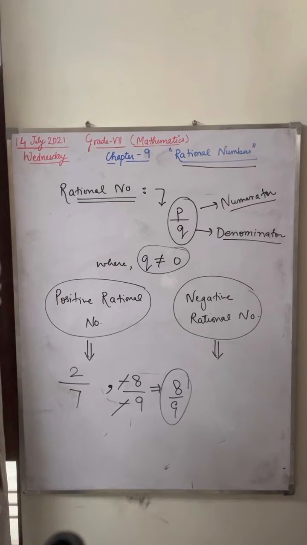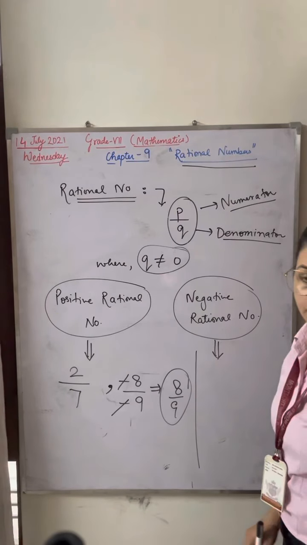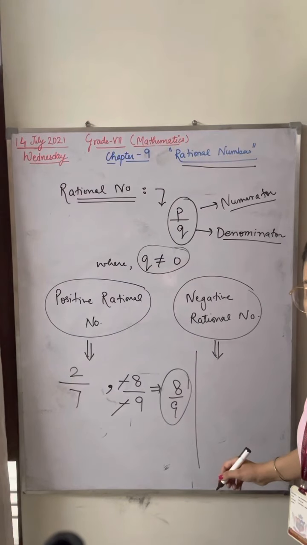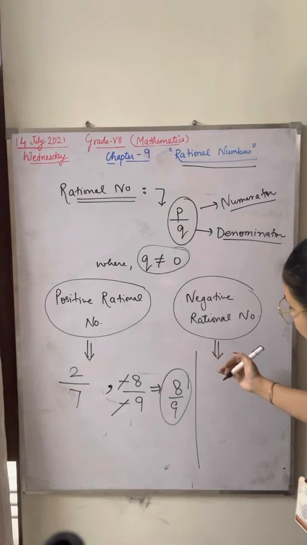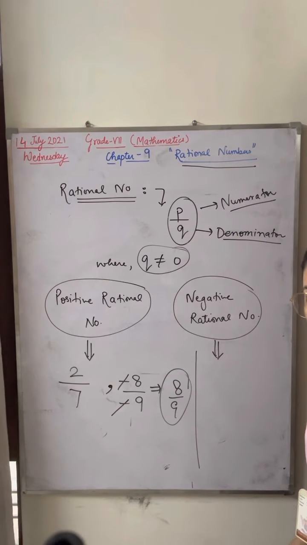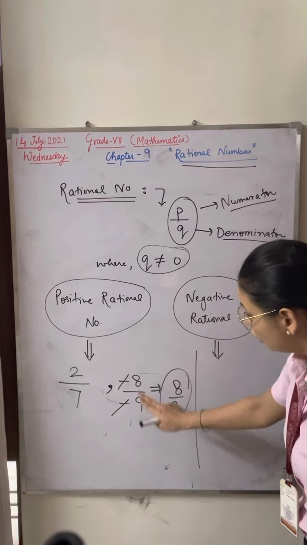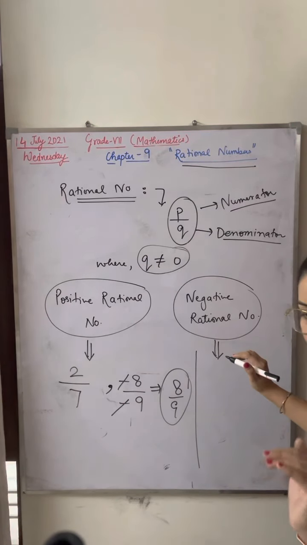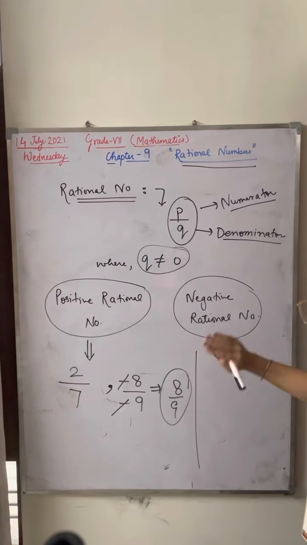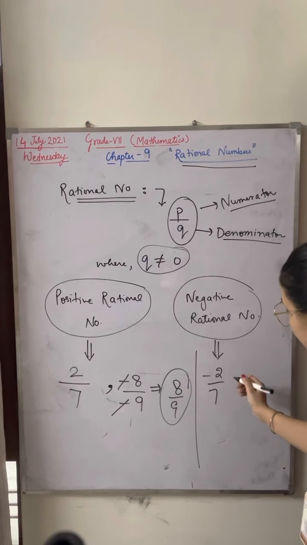Okay. Now what are the negative rational numbers? Positive rational numbers are those where both are positive or both are negative. In a negative rational number, one of them is negative, either the numerator or the denominator. -2/7 is a negative rational number.